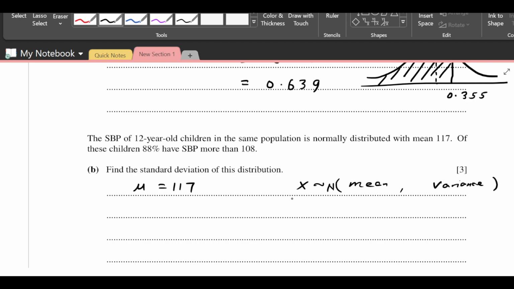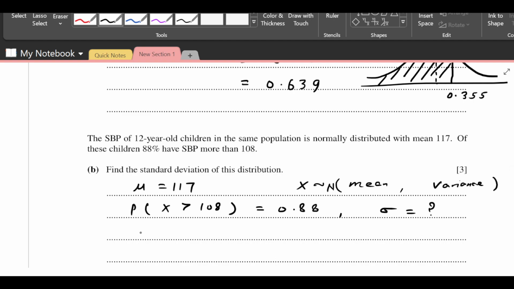Mean we know is 117. Probability of x greater than 108 is given 88%, means 0.88. What we have to find? We have to find the standard deviation, sigma.